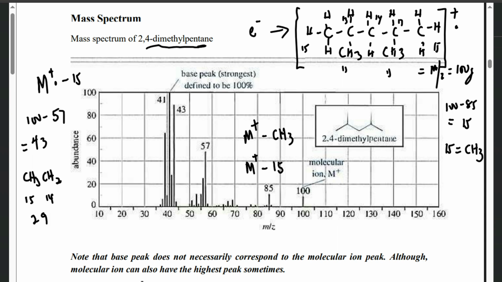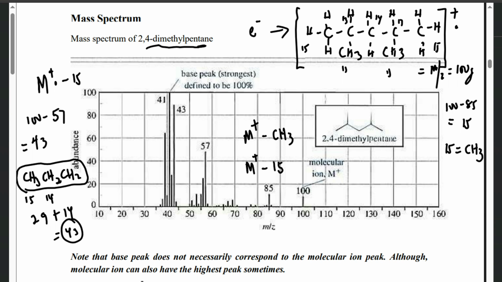We need 14 more, which is another CH2, and 29 plus 14 is 43. So this should give us the 57 peak. Let's look at what happens when we fragment this.